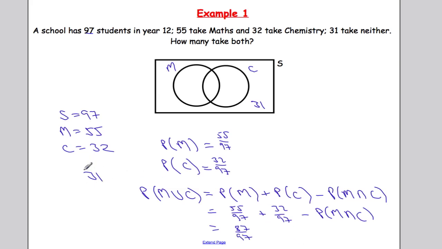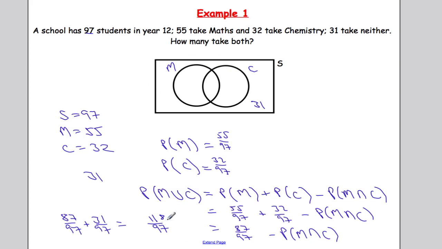And if I add the 31 students that are not involved, so 87 over 97 and 31 out of 97, that gives me a grand total of 118 out of 97. But there's only 97 in the whole sample.